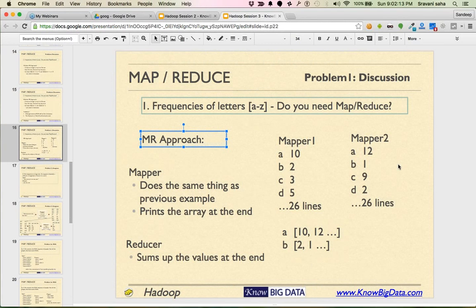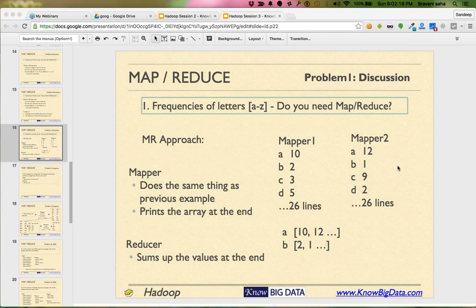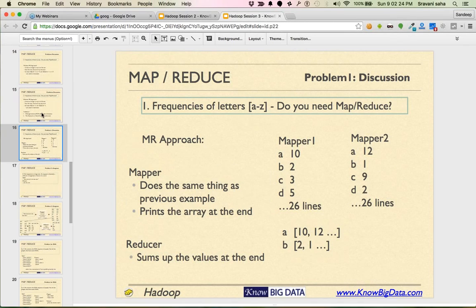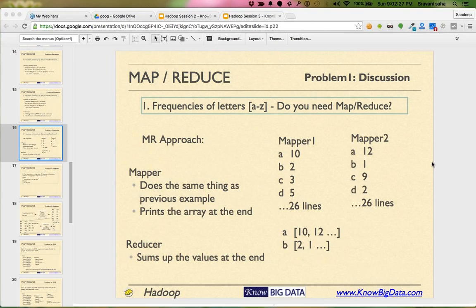All right. Is everyone clear about these two approaches we talked about? This one and this one? Great.